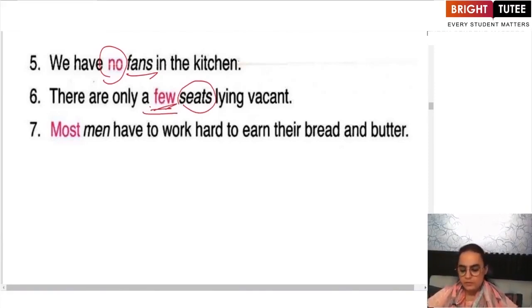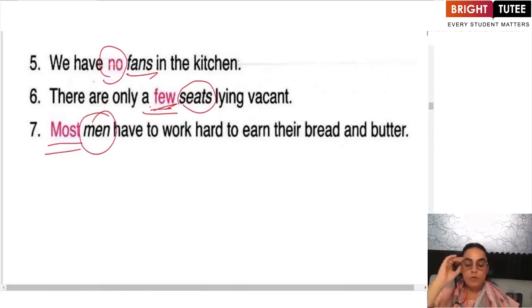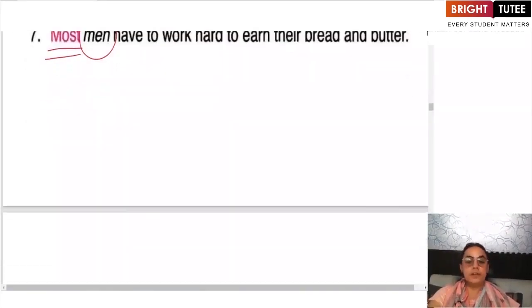Most men have to work hard to earn their bread and butter. Men, which is the plural of man. We can count the number of men or the number of women that we have in front of us, therefore most. So these words like most, few, several, no, 10, 20, 30, first, second, third, these are all adjectives of number.